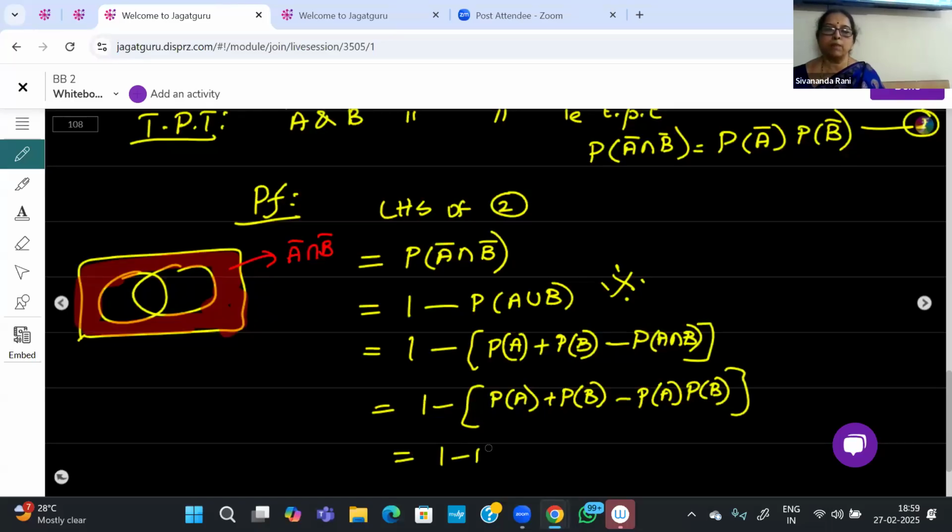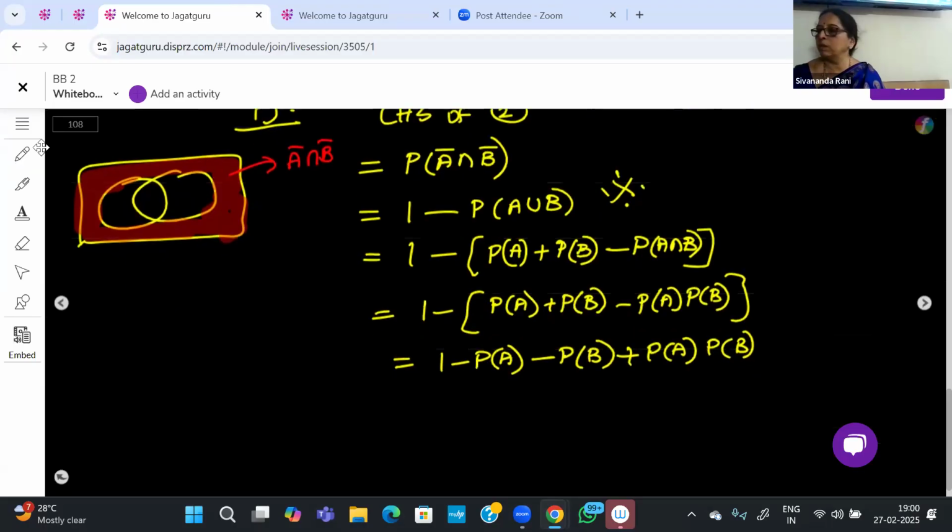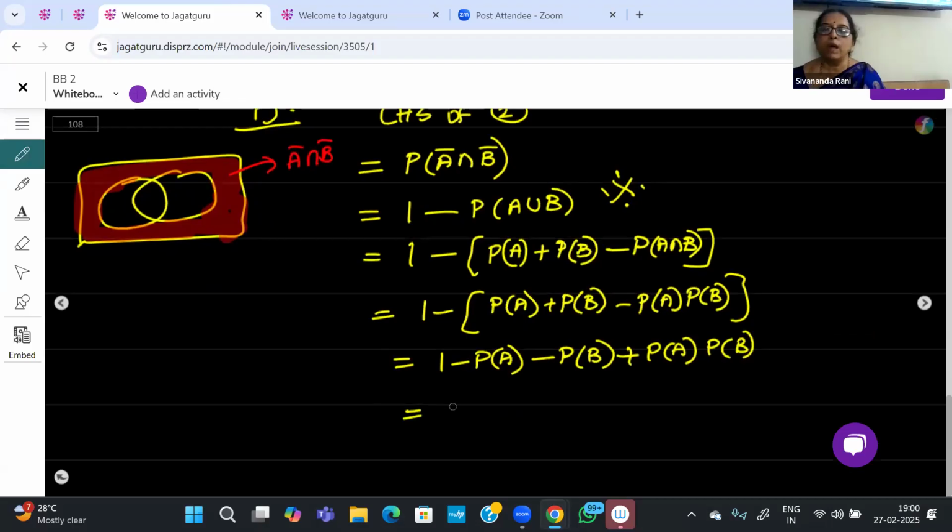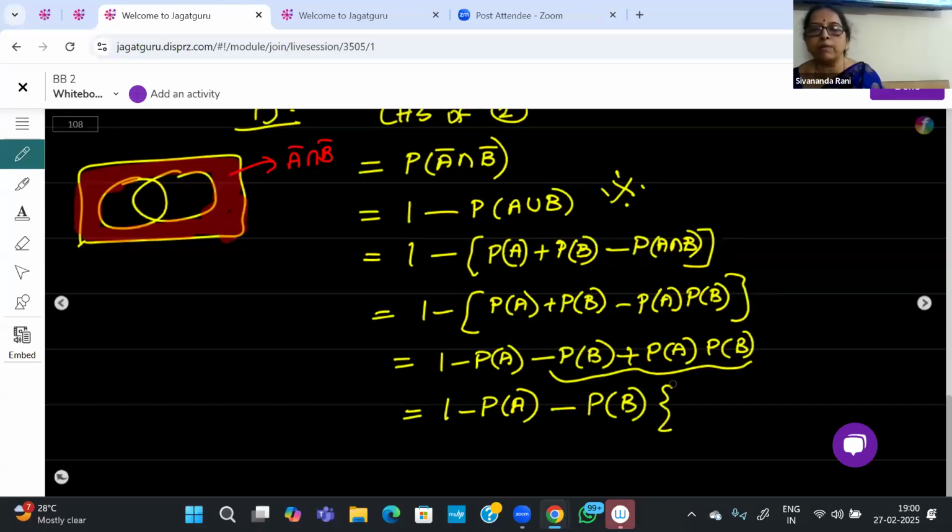That is actually 1 minus P of A. I am removing the brackets. I am removing all the brackets. After that, what I see is the scope to factorize by considering P of B to be common. Can you see P of B arising as common between the third and fourth terms, right?